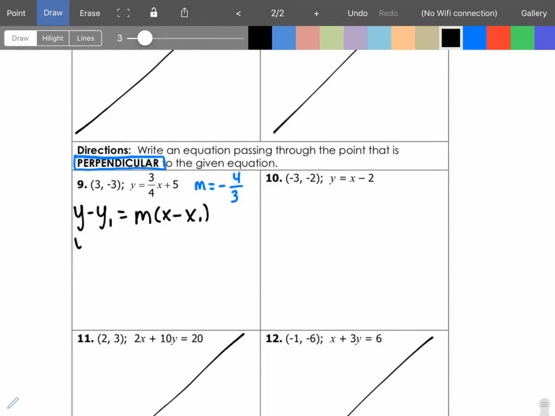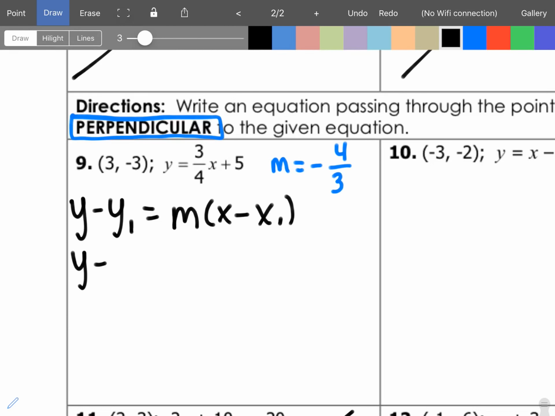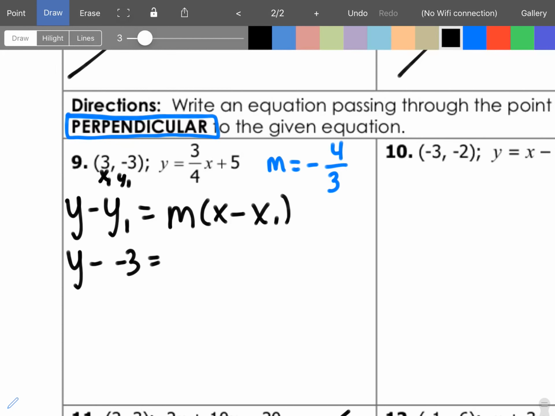So we have y minus my y1 point, let's label since we've been doing that, x1 and y1. Negative 3 equals, my m, my slope is negative 4/3, x minus, and my x1 is 3. All right, this is a positive.